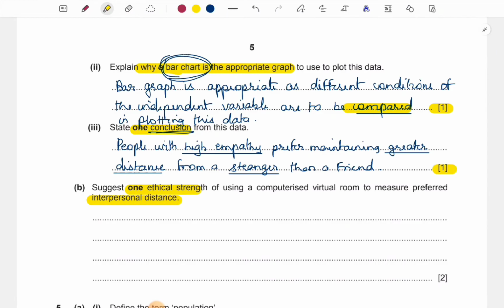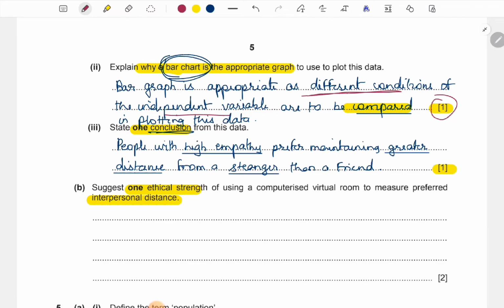Here we have compared different conditions of the independent variable, that is the 4 protagonists. I have not mentioned that in the answer because it is just for 1 mark. If it was for 2 marks, I would have specified which are the 4 conditions we have compared. So I have just written this as, okay, we have compared different conditions of the independent variable, and that's why we have drawn bar graph.